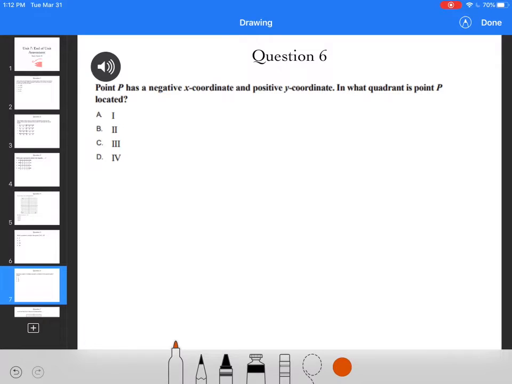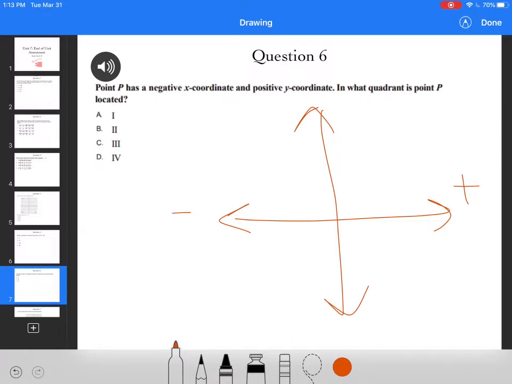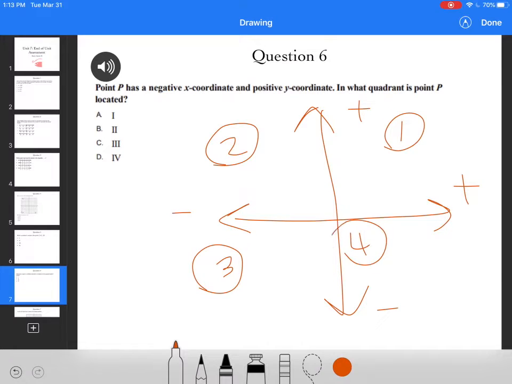All right, point P has a negative x and a positive y. So again, I'm going to draw out my quadrants. I know if I go that way, I'm positive. This way, I'm negative. If I go up, I'm positive. If I go down, I'm negative. Then I look at each of my quadrants. So this is 1, and I kind of go backwards, 2, 3, 4. Then I use my x first, so side to side first.